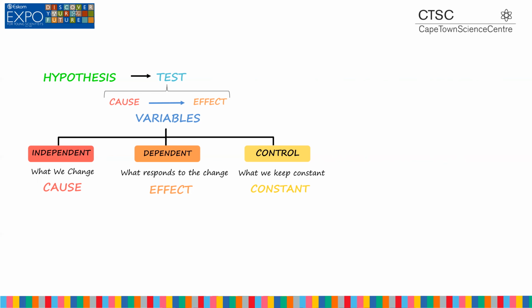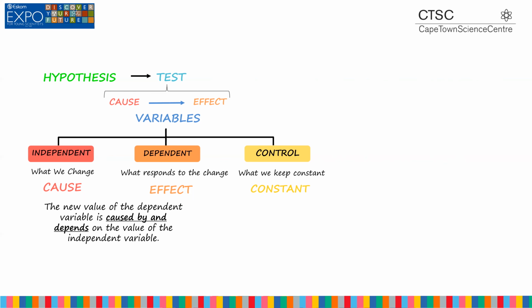So if I have 5 people studying, I don't want all 5 people studying a different course. They must study all the same course so that I know that it is not the course that is affecting my outcome, but the amount of time. Those are your control variables. The cause and the effect is really the heart of the experiment at the end.